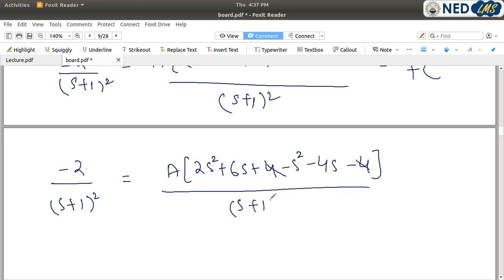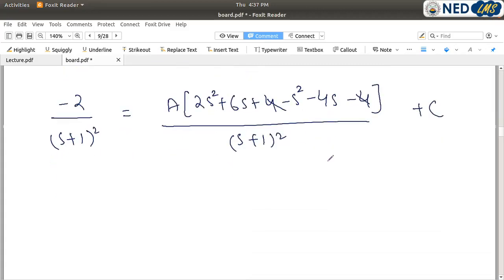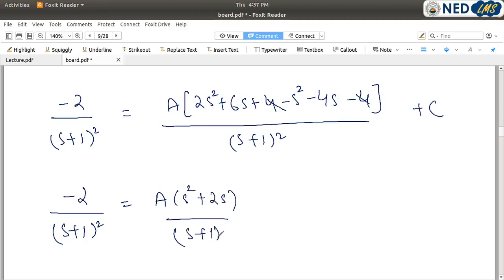S plus 1 whole square plus c. This will become minus 2 over s plus 1 whole square is equals to a, s square plus 2s over s plus 1 whole square plus c.